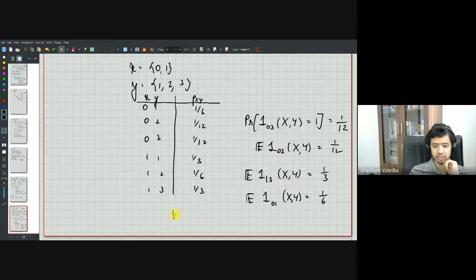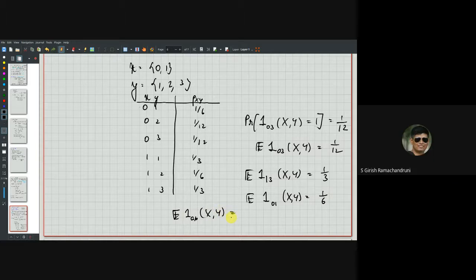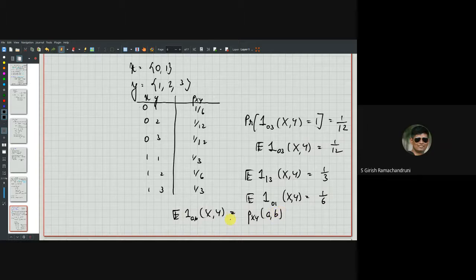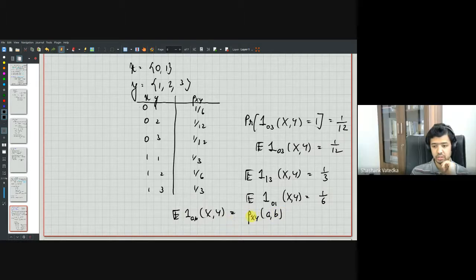So in general, what is the expectation of the indicator 1_{a,b}(X, Y)? It's P_XY(a, b), because this is 1 if and only if X is equal to a and Y equal to b.